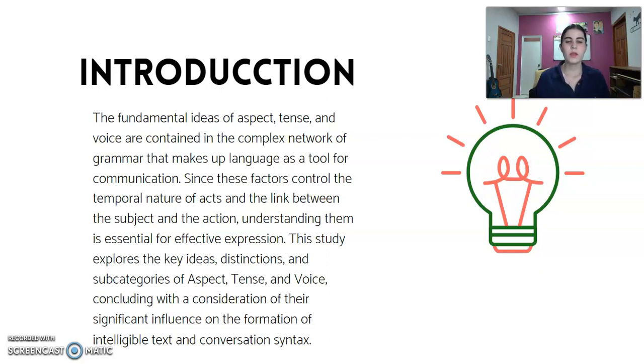So understanding them is essential to effective expression.